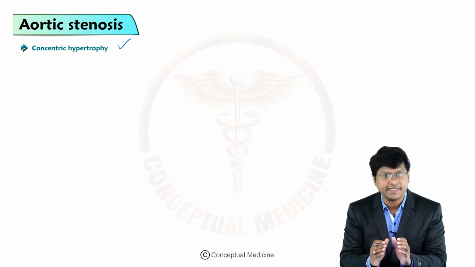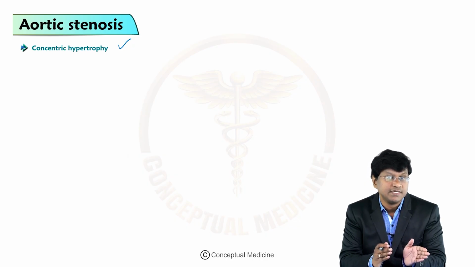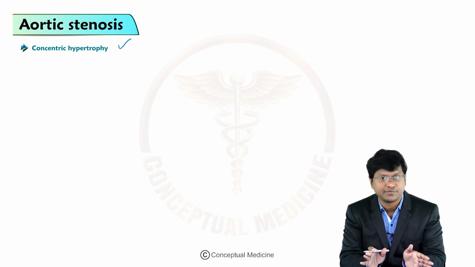Please understand here, while the blood pressure in the aorta may be 120 millimeters of mercury, the actual pressure within the ventricle is much more than that. That is 120 in the aorta and 140 in the ventricle. The increased pressure that the left ventricle has to generate to push blood into the aorta results in left ventricular hypertrophy.